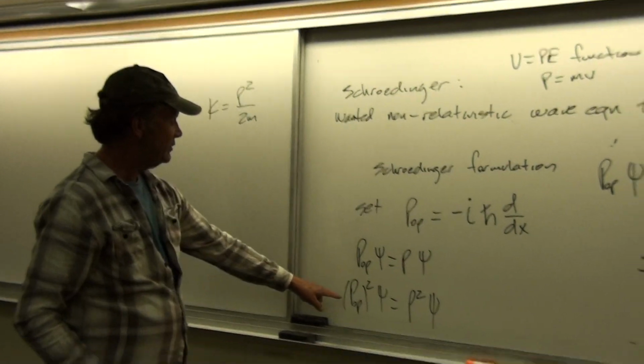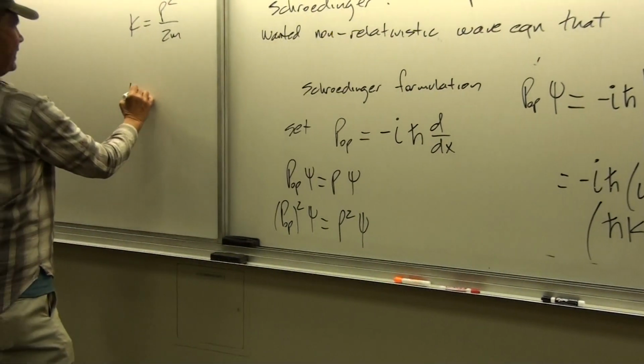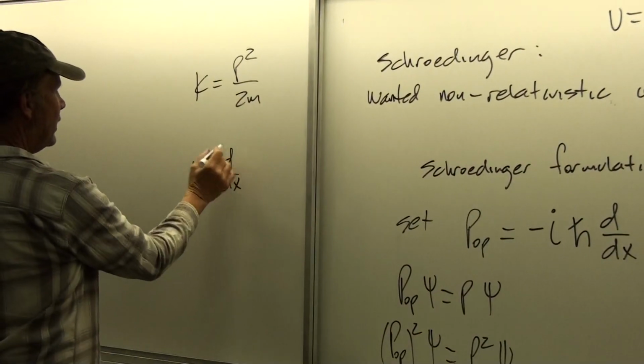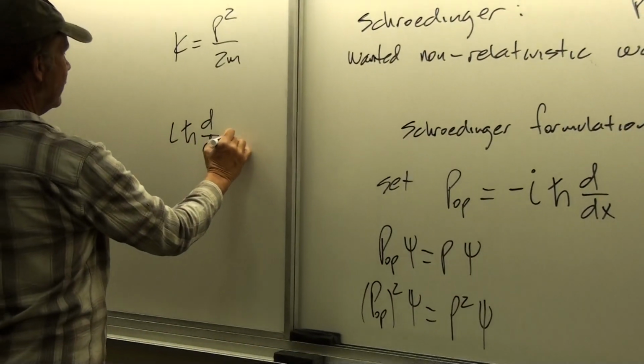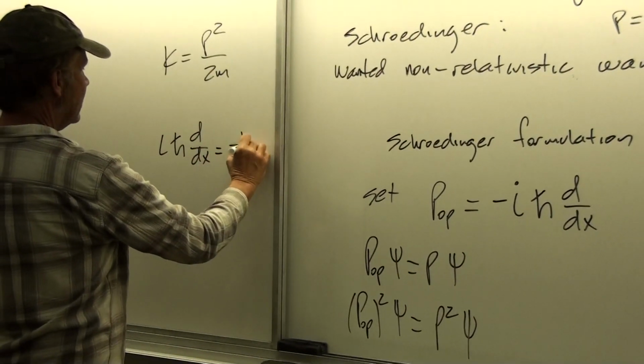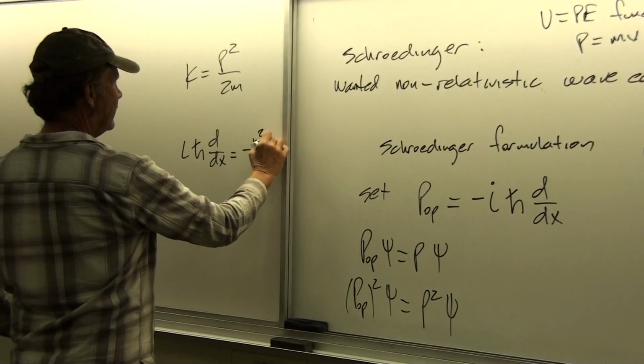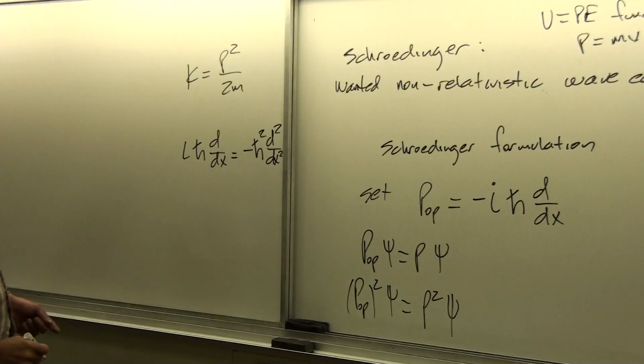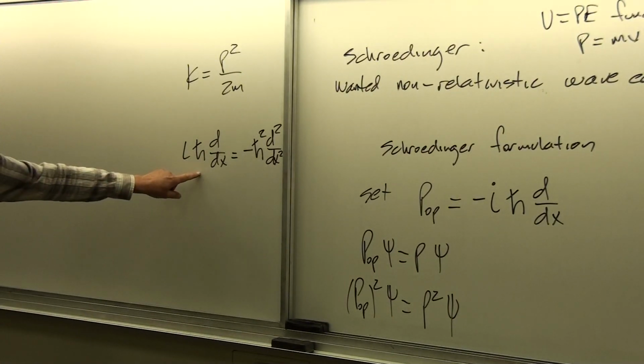And so if we do minus i h bar d by dx, and we apply that operation twice, what we end up getting is minus h bar squared d squared dx squared for the p squared.